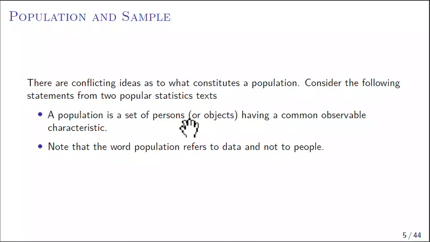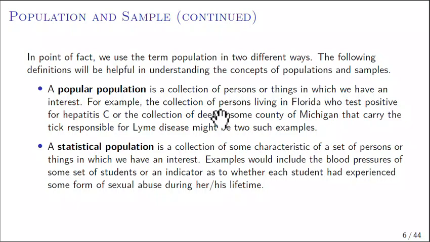So here in statistics, population means not only people, but also what? Like the objects, things we are interested in. For a more precise definition, we could say a population is a collection of persons or things in which we have an interest.